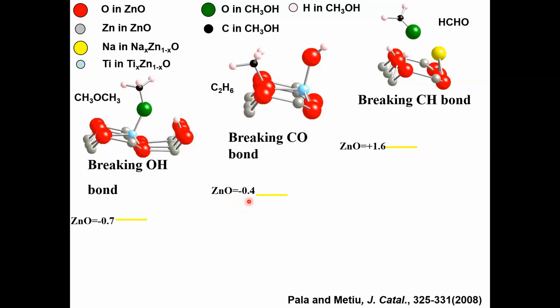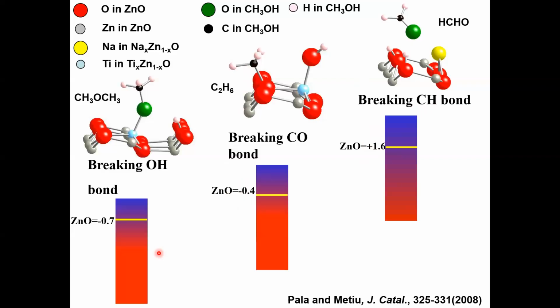All these things are elaborated in the review article. This is going to be endothermic. Negative means exothermic, positive means endothermic. It is going to be hard in the host oxide. Then what do I do? I dope this host oxide with different dopants. For example, I have titanium doped zinc oxide. What have I done?